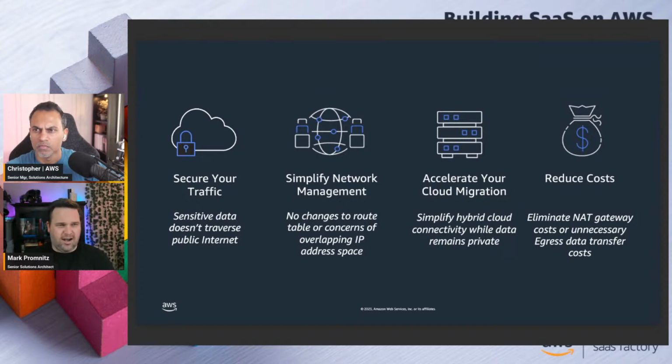PrivateLink is a really great option for us to facilitate those private connections between your services and your customers' VPC endpoints. Without PrivateLink, there are some common challenges when we're trying to do that private connectivity. There's a lot of setup complexity that I've seen over the years. We always used to run into CIDR collisions, multiple IP address namespaces not being able to route between those.